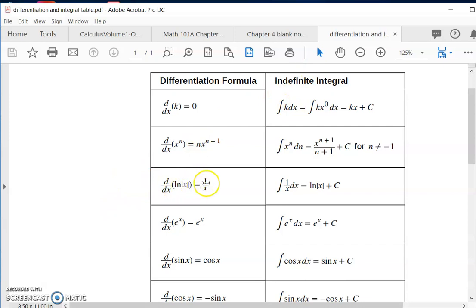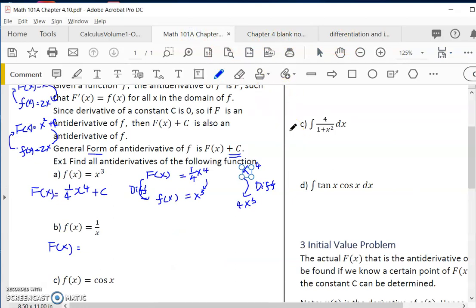So the way to cover the whole of 1 over x is for the original function to be ln absolute x. ln absolute x. This formula is from the book, and I have filed it on Canvas, so you can look at it. So for b, f of x equal to 1 over x, the original function before you do the derivative was ln absolute x plus c, according to the formula.